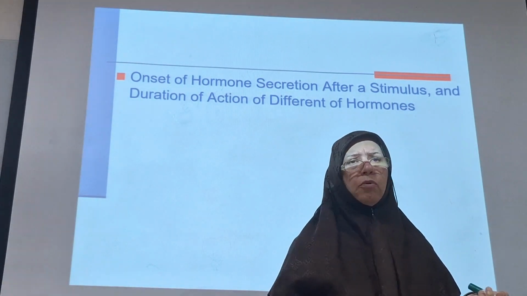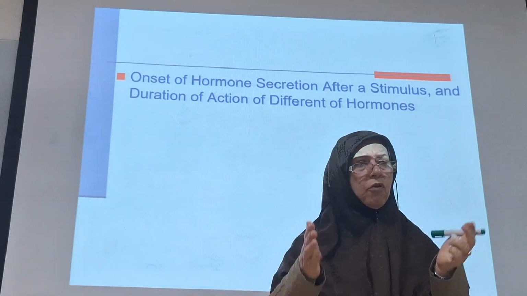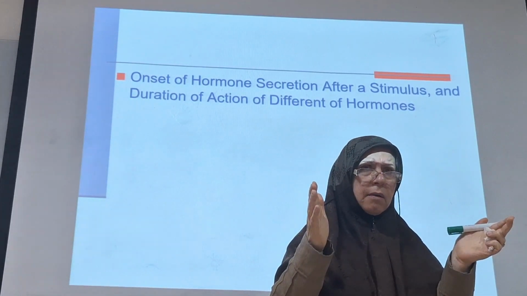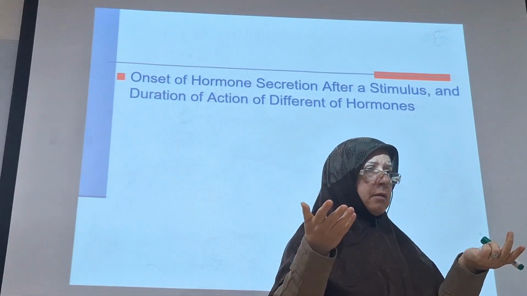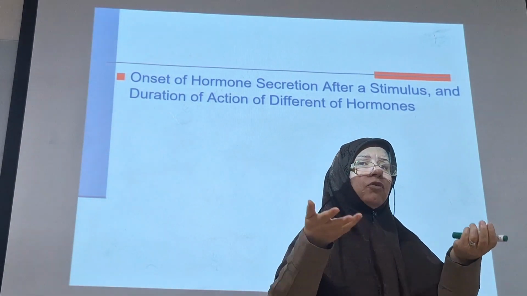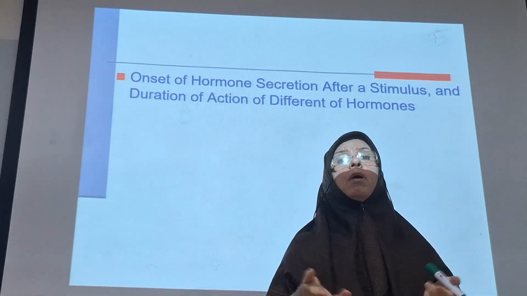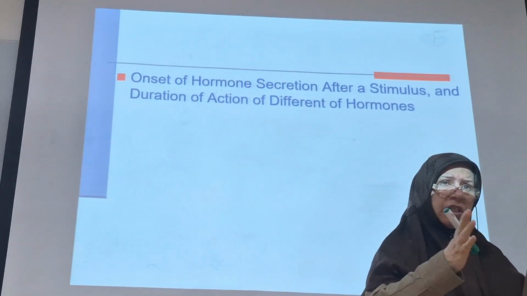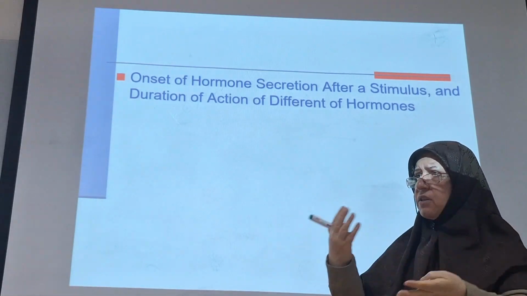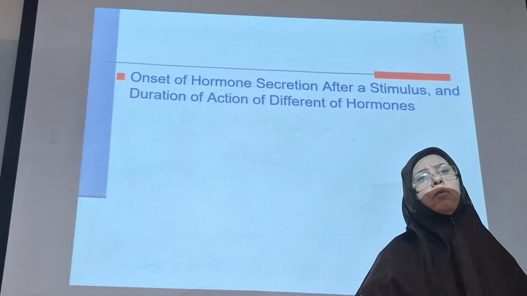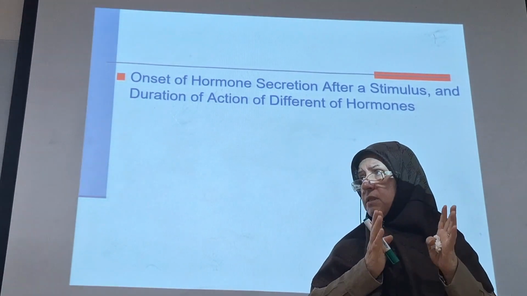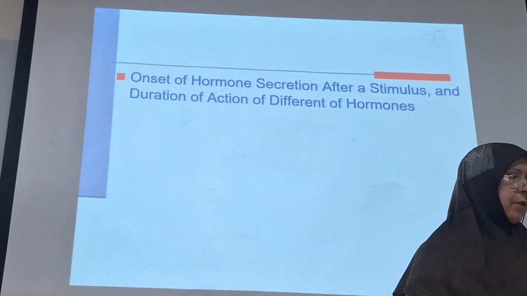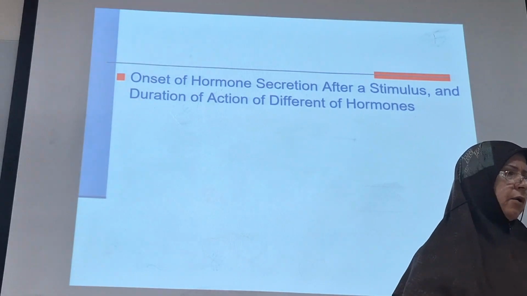About thyroid hormone and GH, full action may require weeks and months. So the onset of hormone secretion and duration of action differ for different hormones. Some of them are very short and some of them very long.